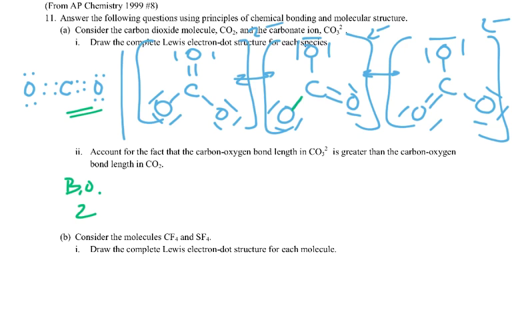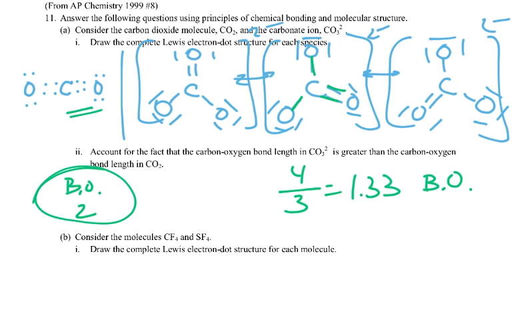Here, I have 1, 2, 3, 4 bonds spread out over 3 different atoms. So it's 4/3, a 1.33 bond order. Which means in CO2, there are 2 pairs of electrons holding things together, whereas in carbonate, I only have 1 1/3 bonds holding those carbon and oxygens together.